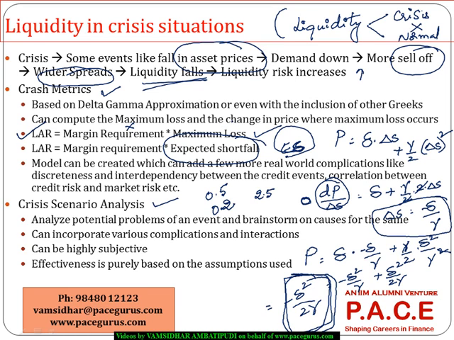You can find out the correlations between the various credit events, and the correlations between the timings of the various credit events. All these things can be built as a part of the crash metrics kind of model. So these are more probability intensive, calculation intensive kind of models.